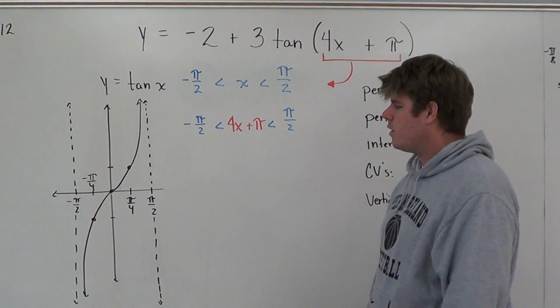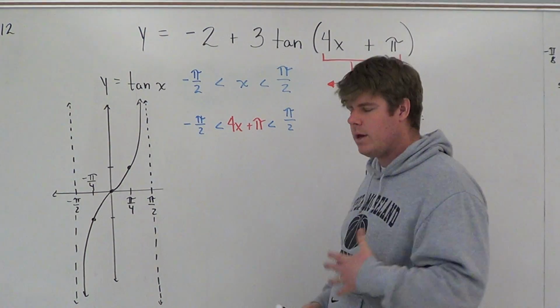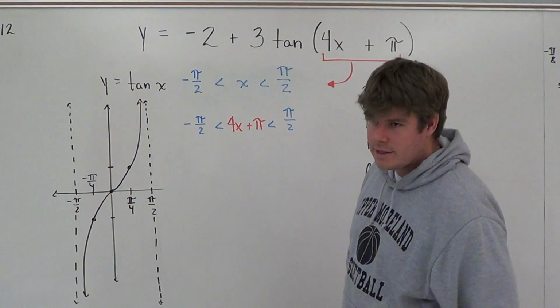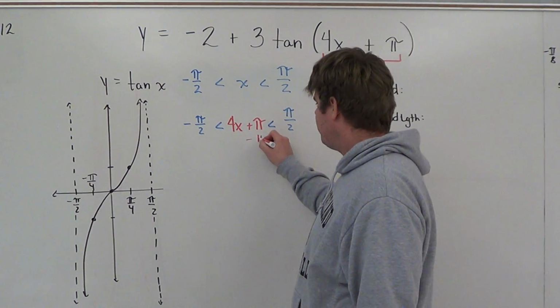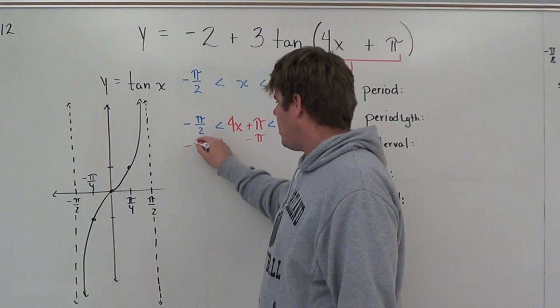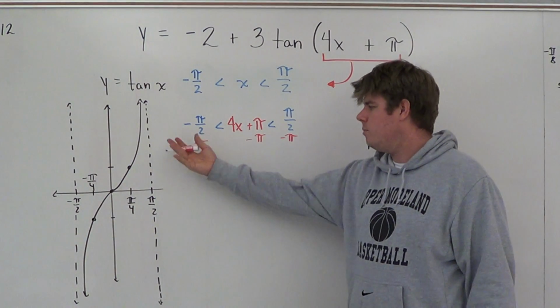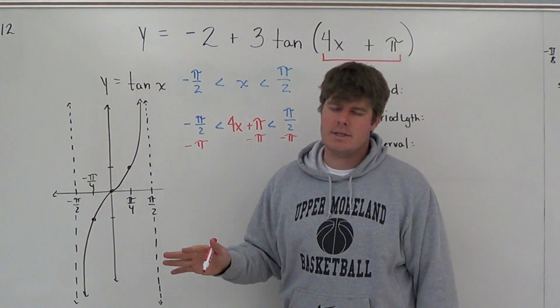So, here we go. First off, let's alter our new vertical asymptotes and talk about where they are going to be. Very simply, we just start solving this compound inequality. The very first thing that I'm going to do is subtract pi from every part. Now solving a compound inequality, whatever you do in the middle, you must do to both outsides. So, forget that it's pi for a second, okay?